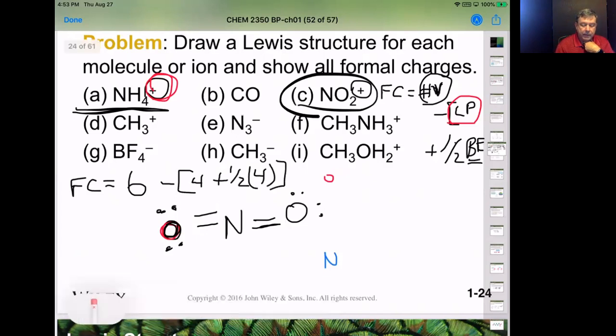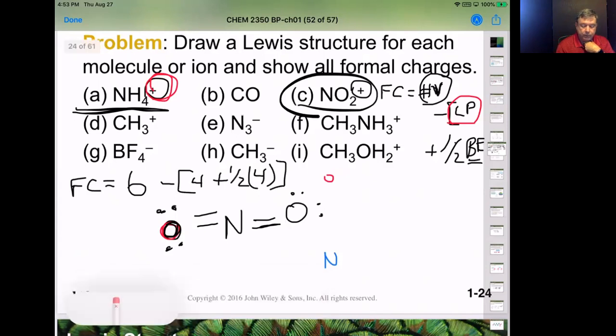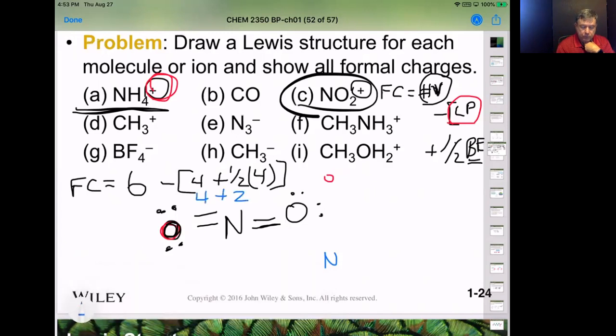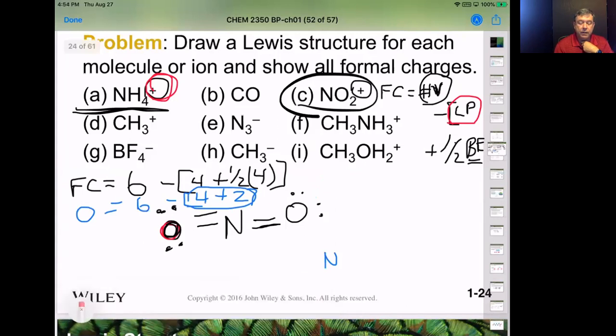And so by simple math, we end up with 4 plus 2 in the brackets here, minus 6, which means that this ends up being a total of 6. Minus 6 gives us a formal charge of 0. Okay, so there's a formal charge of 0 on both of these oxygens because they're the same. All right, so that means that the nitrogen must have that positive charge.